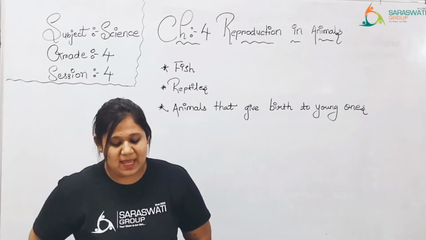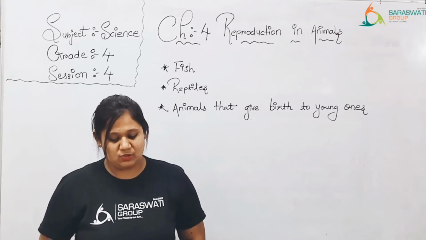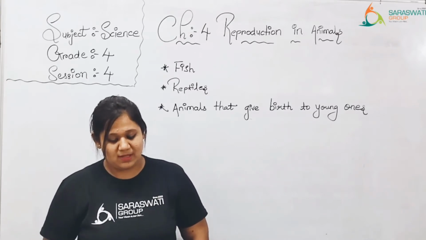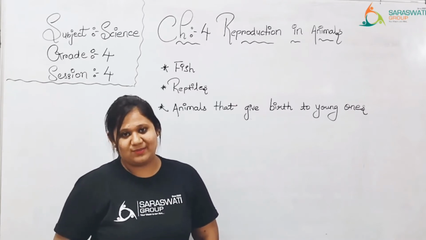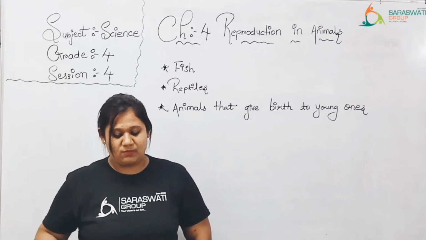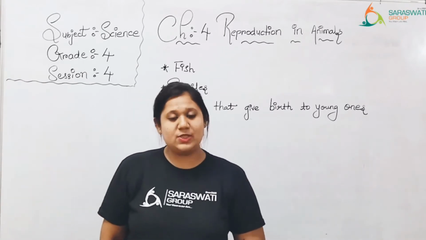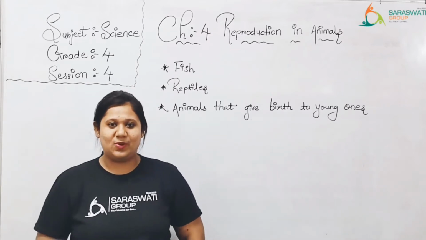The developing embryo gets food from the yolk, and the white part of the egg that surrounds the yolk is called albumen. Albumen protects the embryo from shocks and germs. It provides water to the developing embryo.